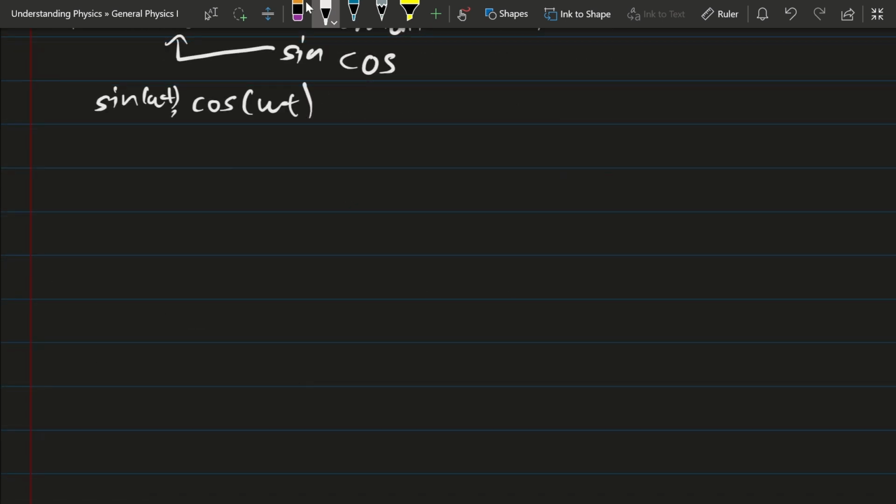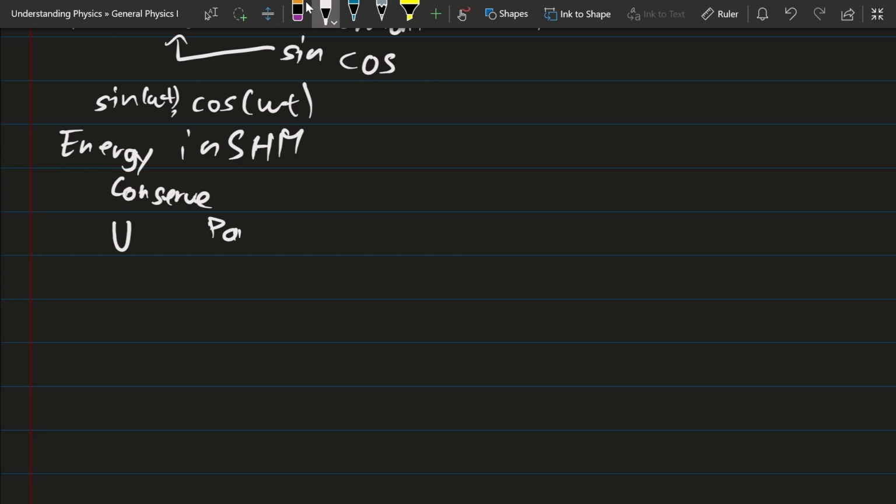So now I want to try to describe the energy inside a simple harmonic motion, energy in SHM. So the properties are that you conserve energy, and second, you would also have a potential energy in a parabolic form.